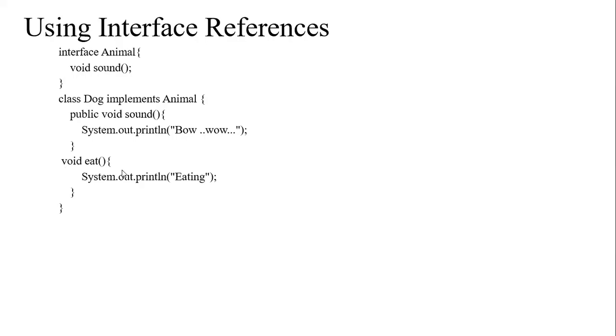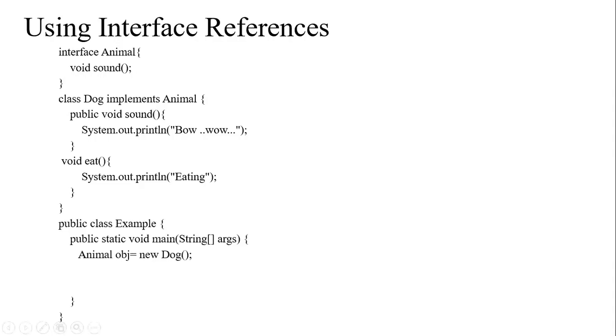Now, when I create a main method, and I use interface animal reference, that means animal obj is equal to new dog. I have created interface reference is equal to new object, new class. That means I am calling the constructor, creating an object of this particular class. Now, by using this particular object obj, can I call a method called sound?